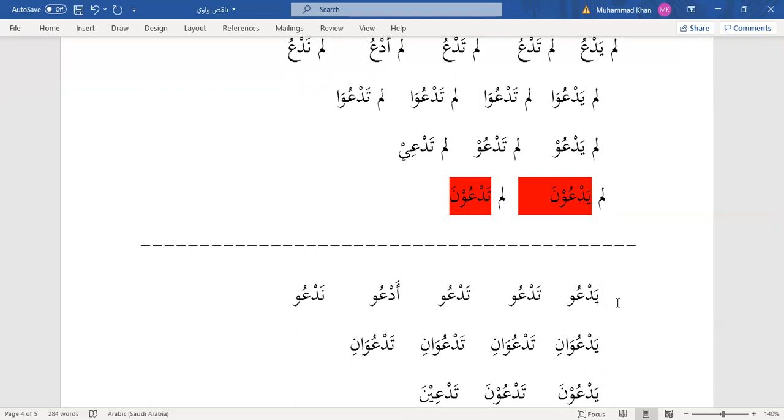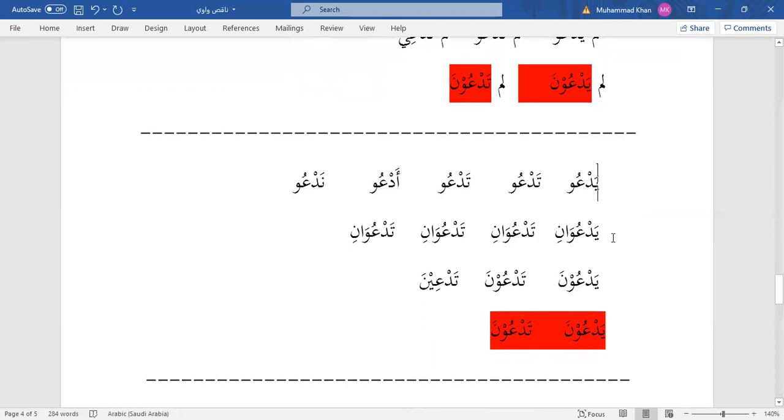Okay, so we are clear with lam. Now we take the huruf that make the mudari mansub. First we talked about the harf that makes it majzoom, and now we take the ones that make it mansub. So we have lan. What else?